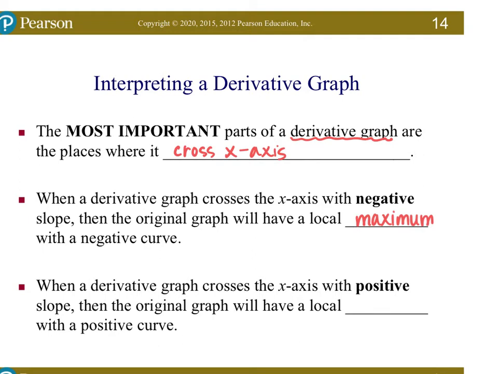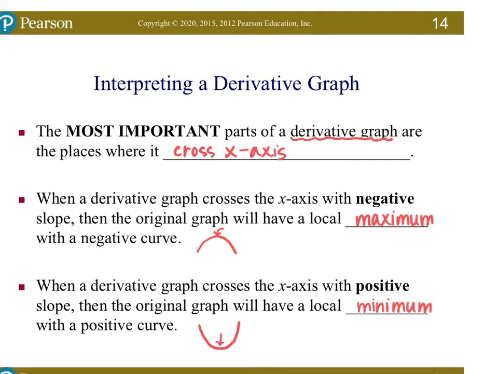Negative slope translates into a negative curve like this, which means a max sitting on the top. And when a derivative graph crosses the x-axis with positive slope, then the original graph will have a local minimum with a positive curve to it like this. And so now we'll have a minimum there.